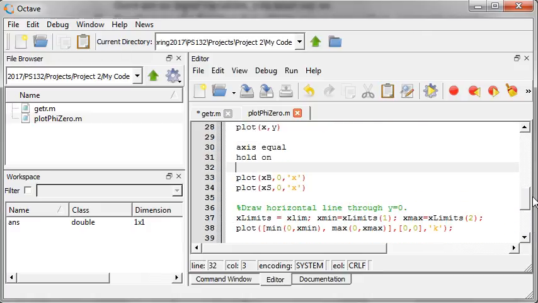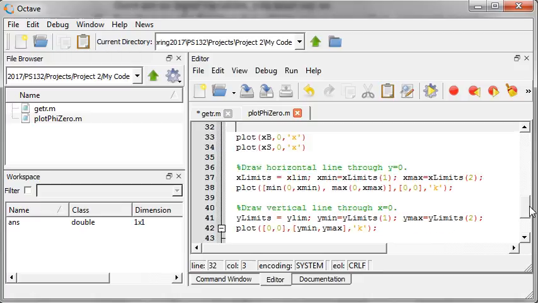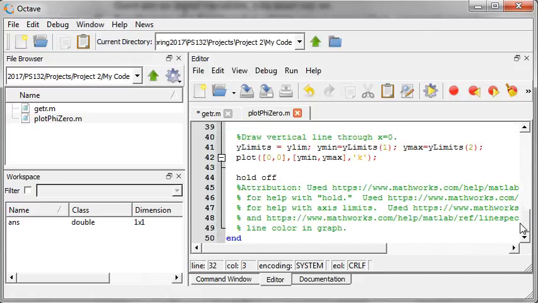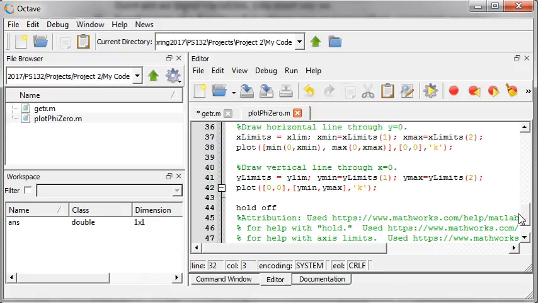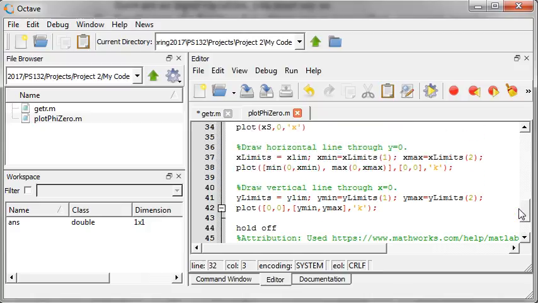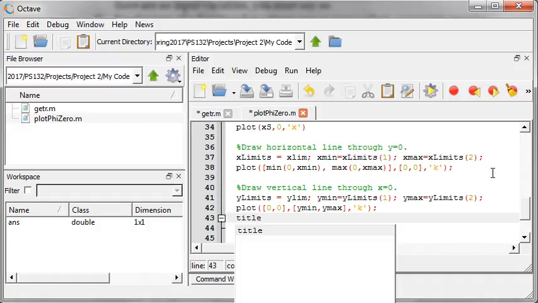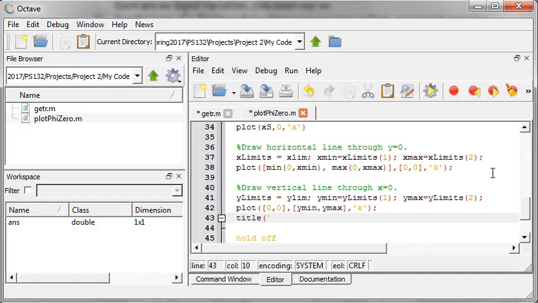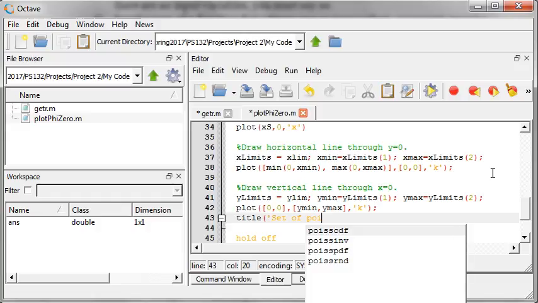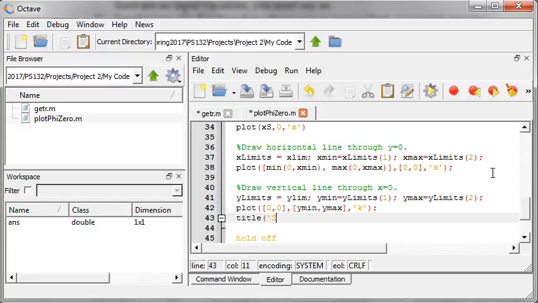Locus of all points, maybe the set of all points. It depicts the set of all points, so set is shorter. I think I'll draw that. So let's see. Title. Set of points. I like that word, locus.